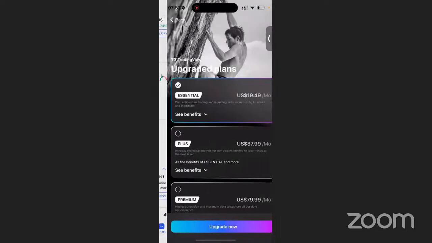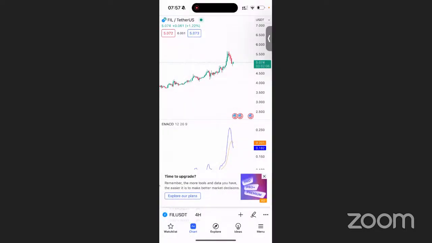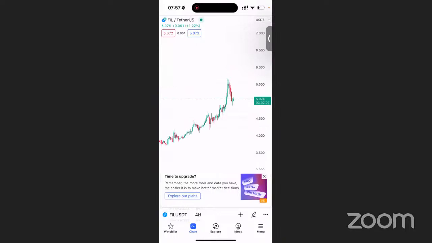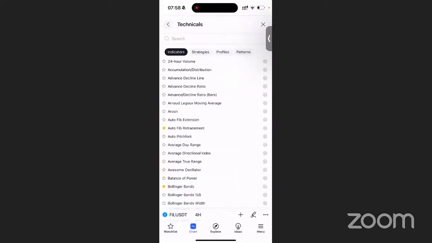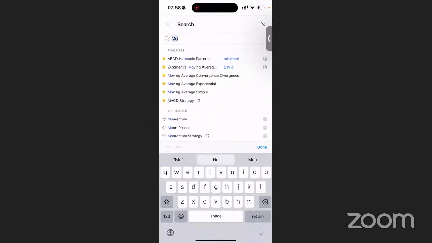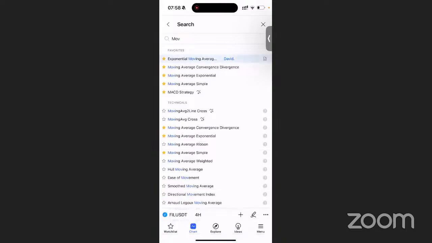Now, this approach is not right, so we shall just write in the moving averages, the exponential moving averages.